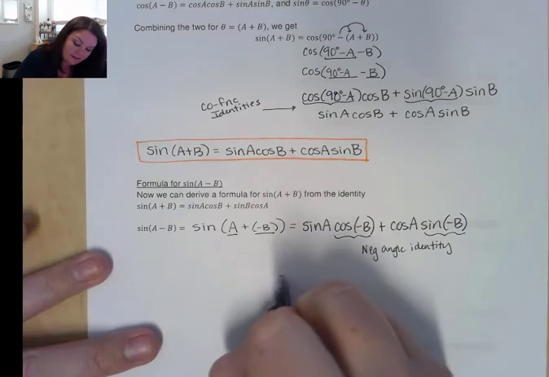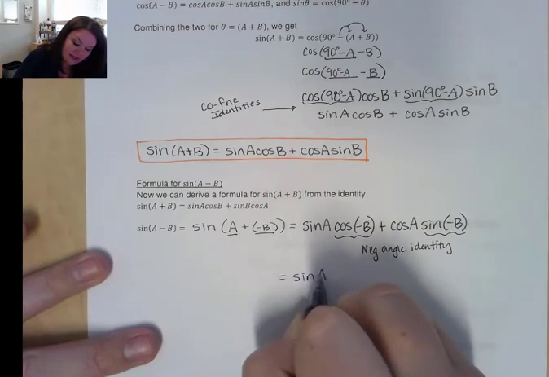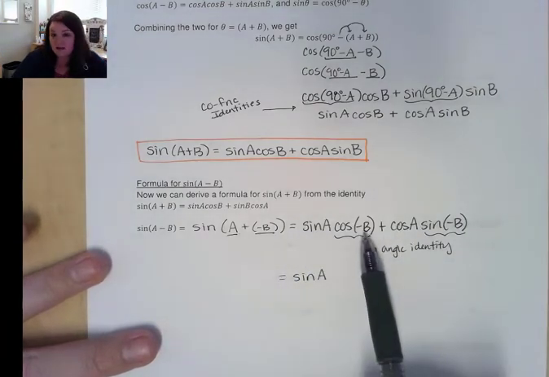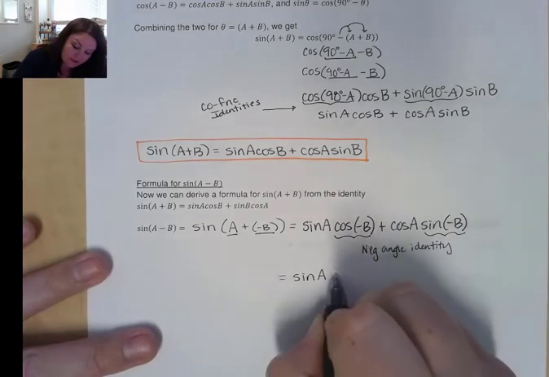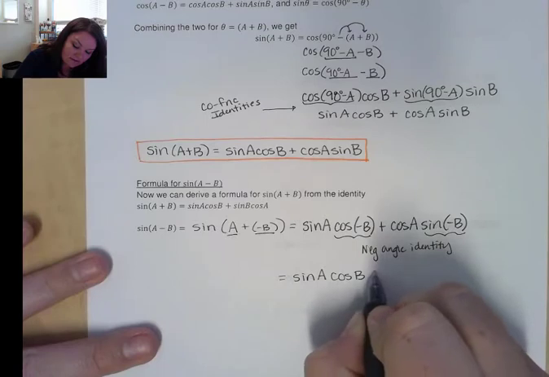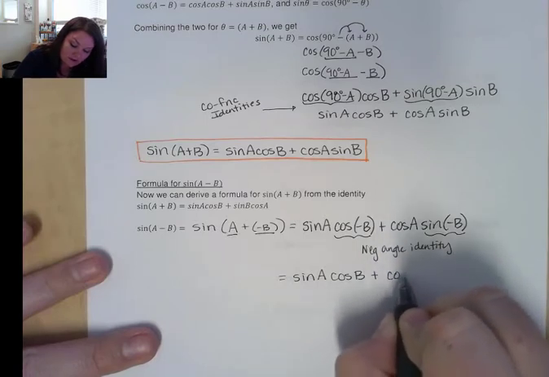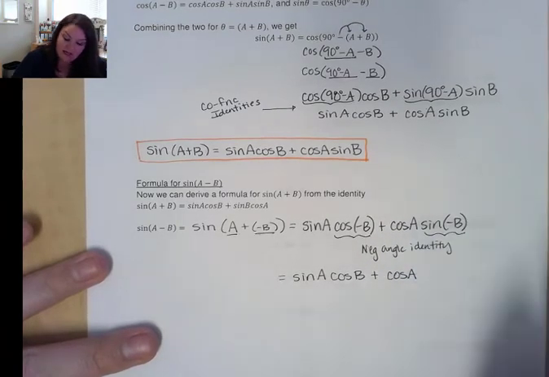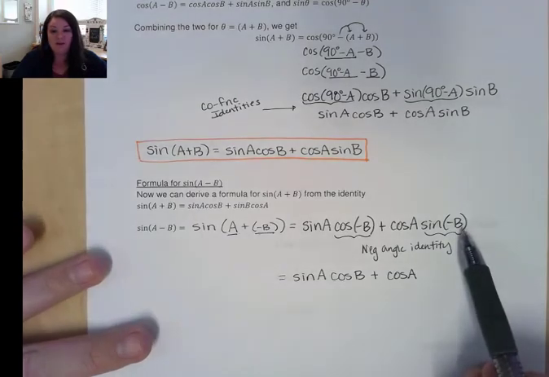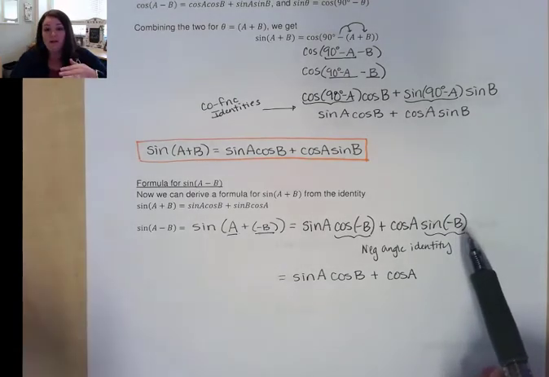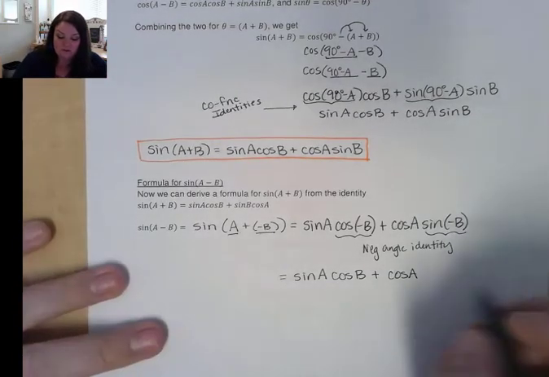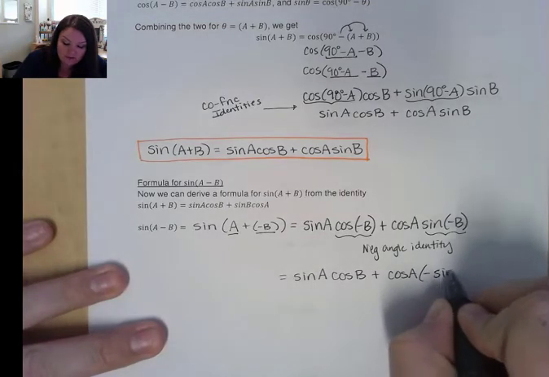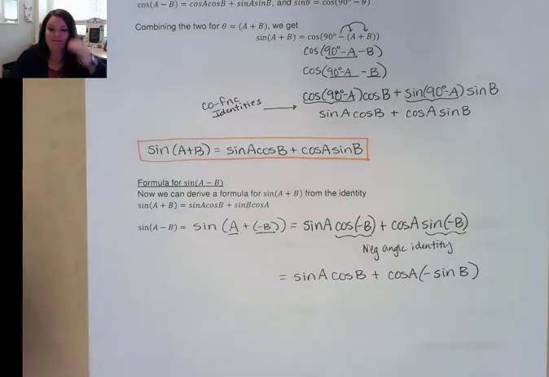So that tells us that this is going to be sine A. Now cosine of a negative angle is the same thing as cosine of the positive angle. So this just becomes cosine B plus cosine A times sine of a negative angle. We can write that as sine B, but it will give us a negative value. So this is the same as negative sine B.